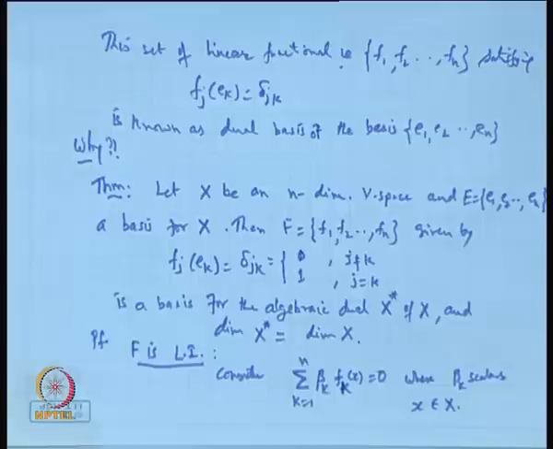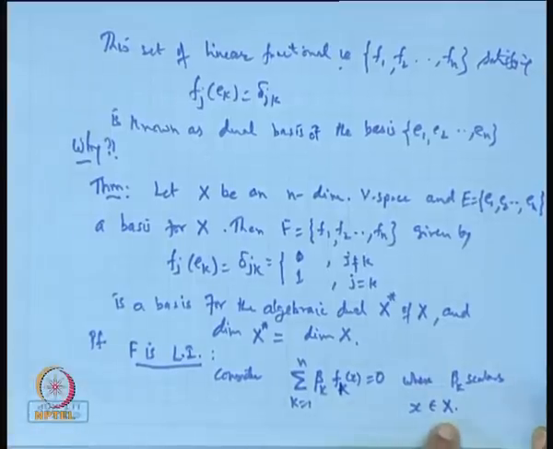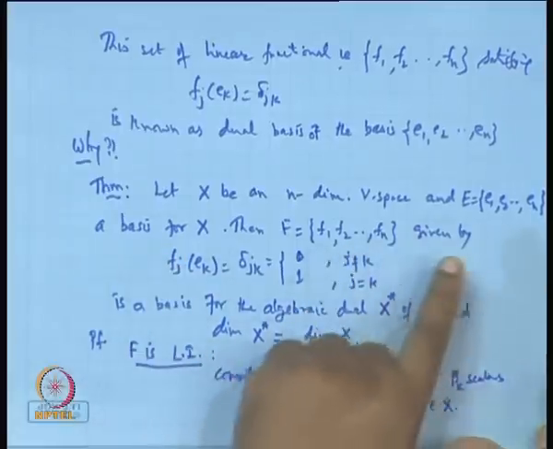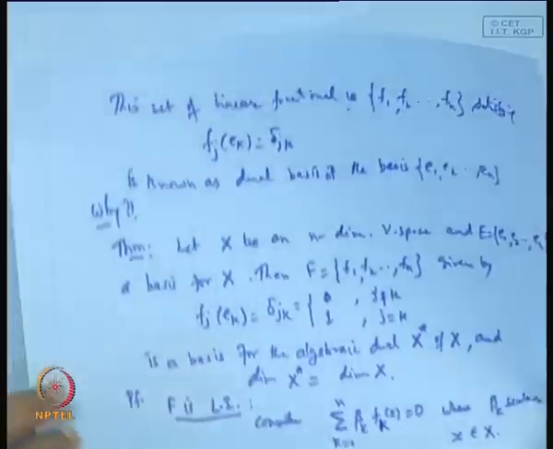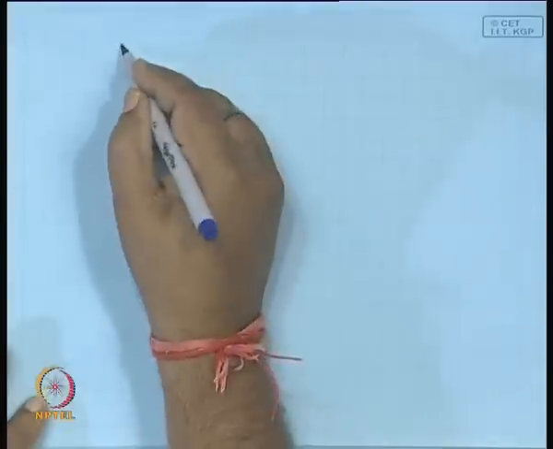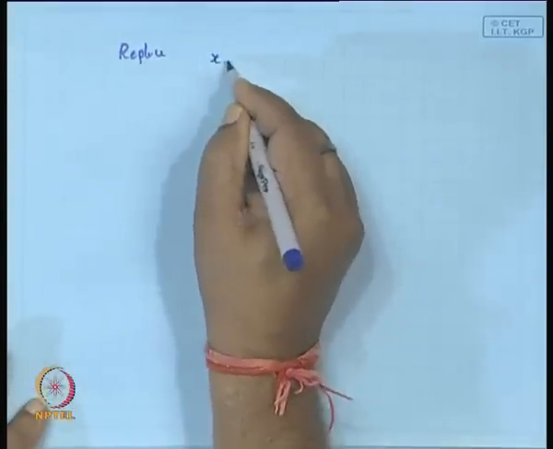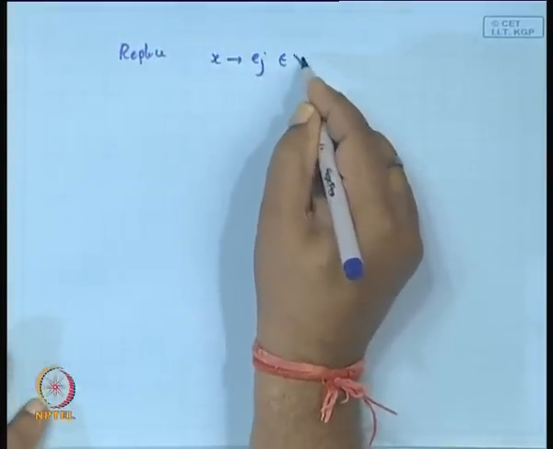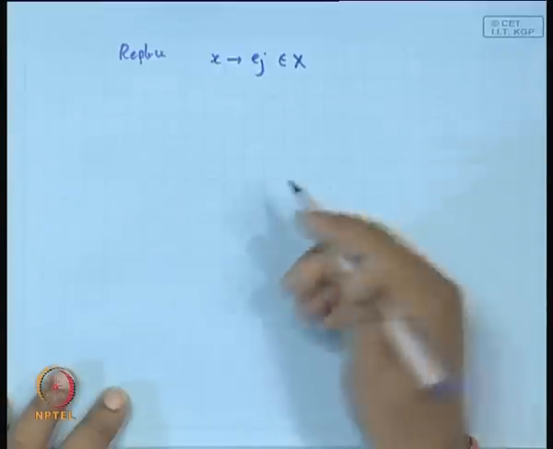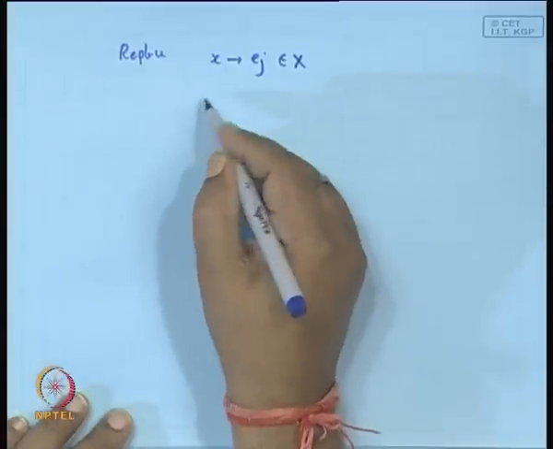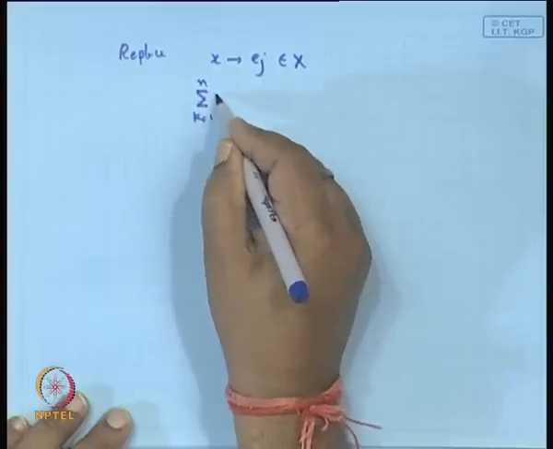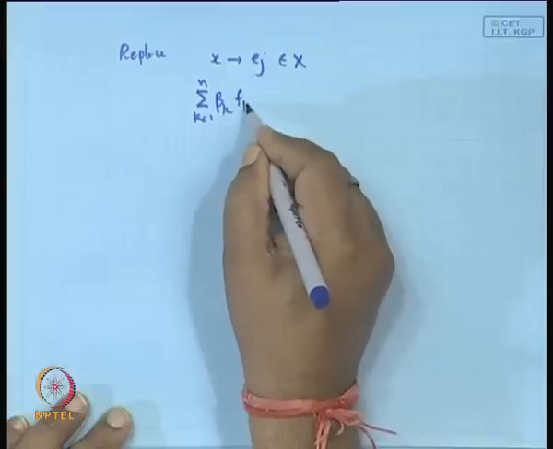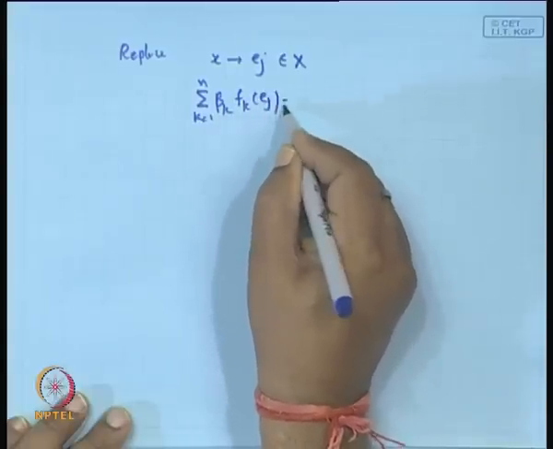Okay. Now, since x is an element of X, x can take any value among E1, E2, En, these are the basis elements of X. So, replace x by Ej, which is also an element of X. So, what we get from here is sigma k equal to 1 to n beta k f k Ej equal to 0.